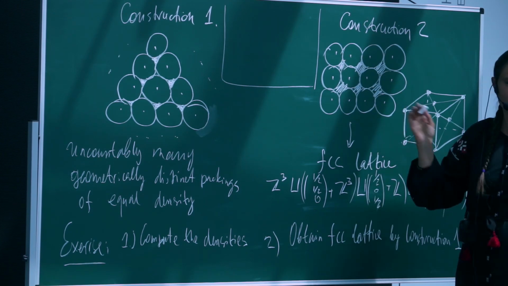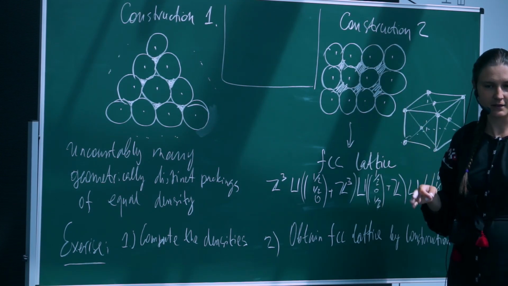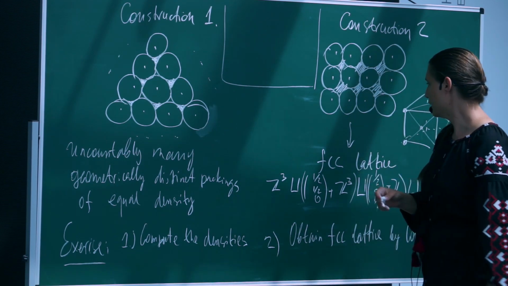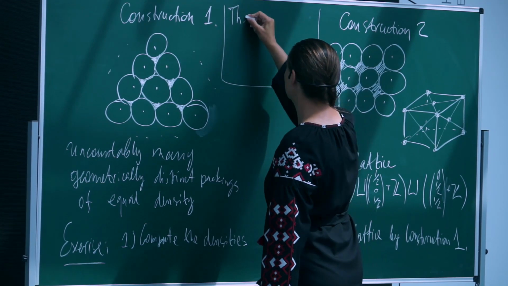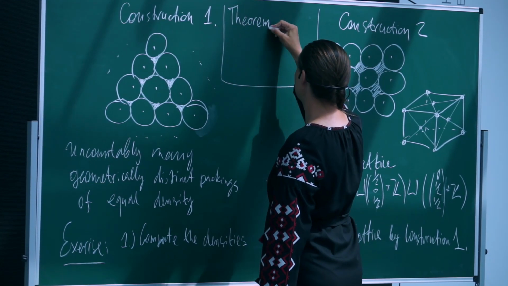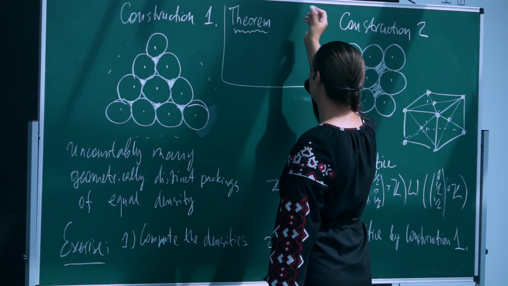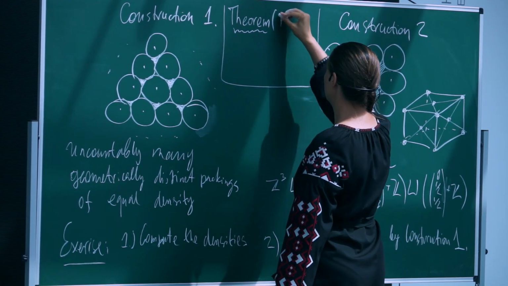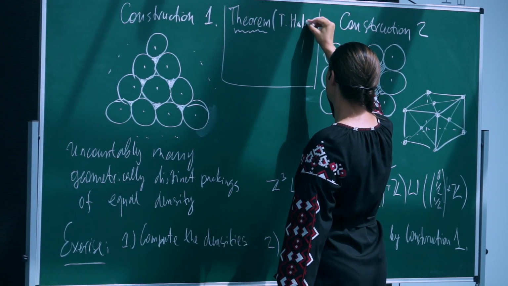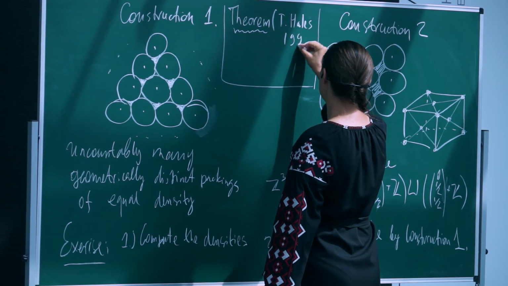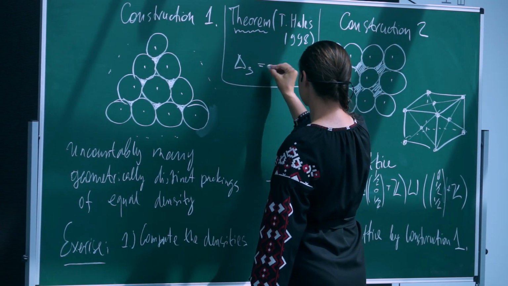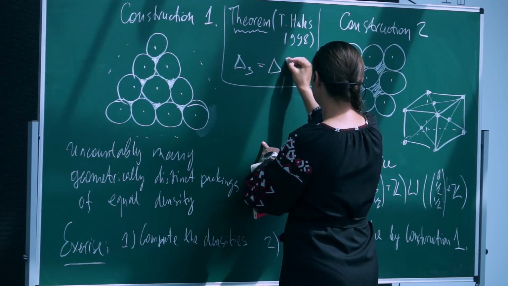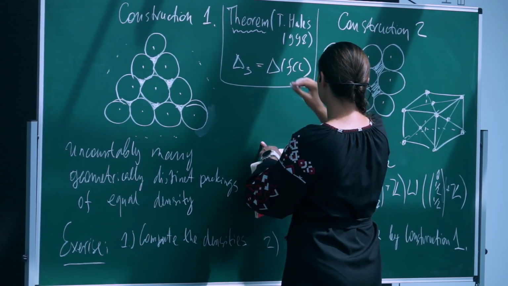And this is the optimal density, and this is a difficult and very celebrated theorem by Thomas Hales. So delta 3 is the same as the delta of FCC.